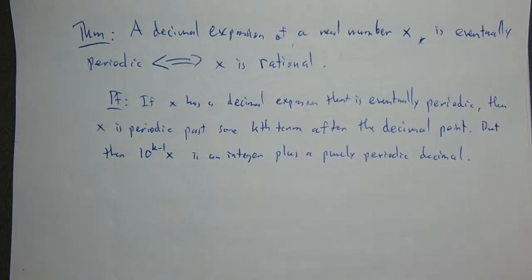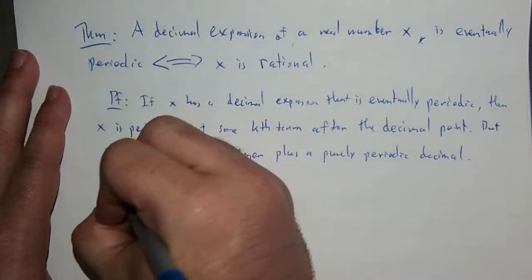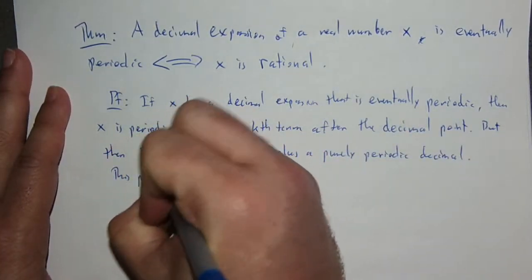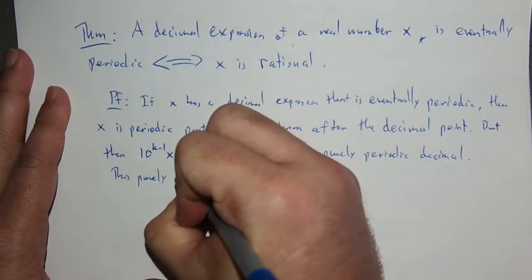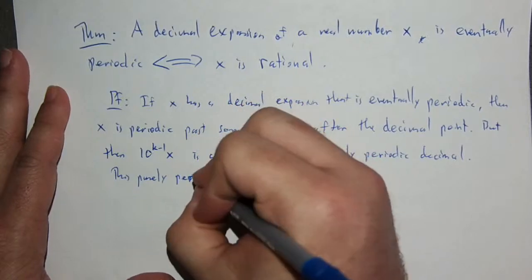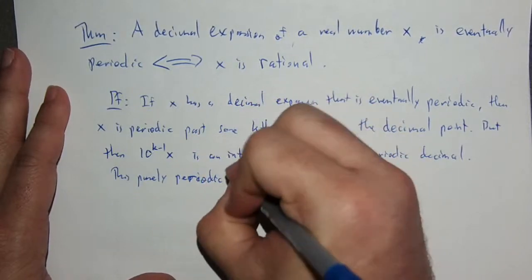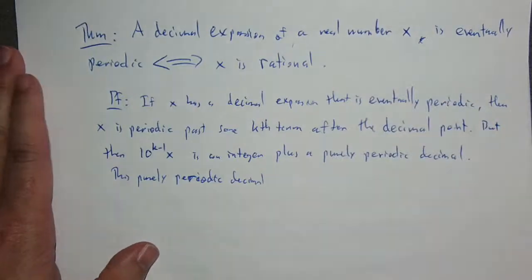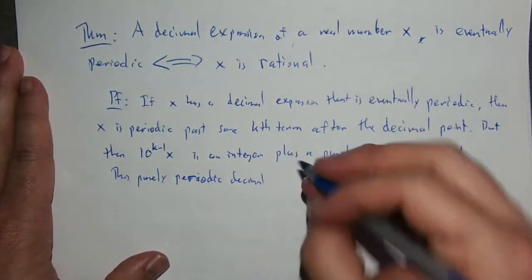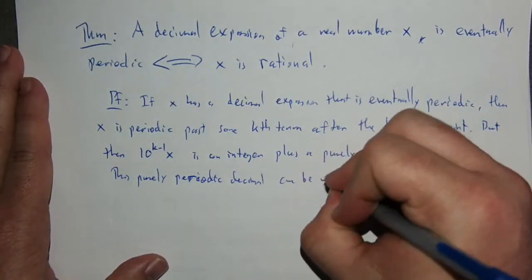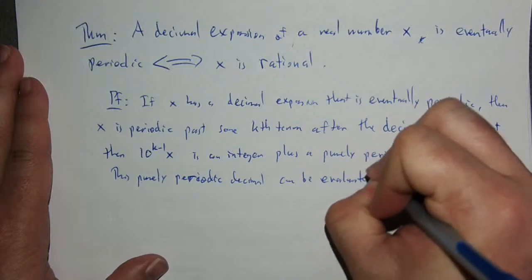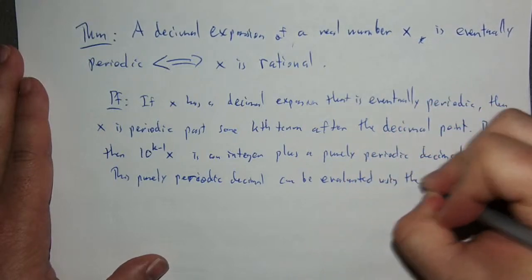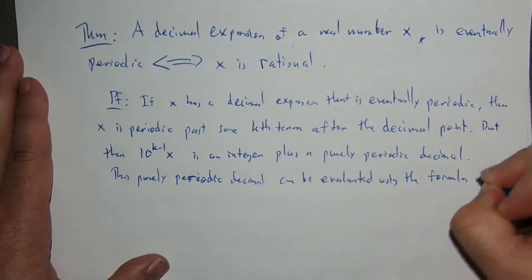Okay, so then the purely periodic decimal, you can use the formulas for geometric sum just as before. So this purely periodic decimal can be evaluated using the formula for geometric series.